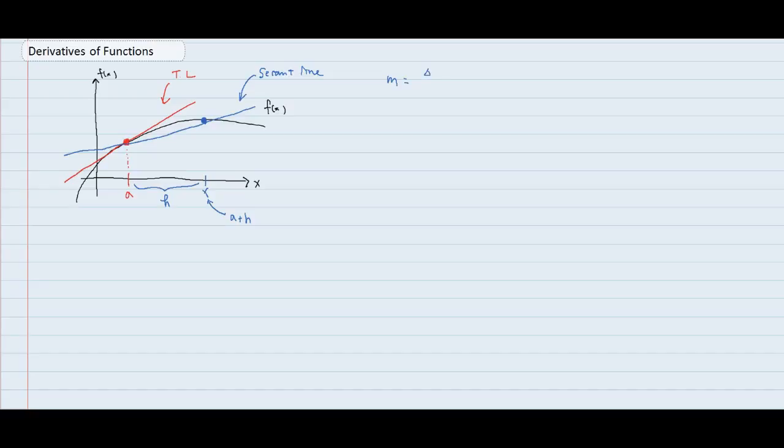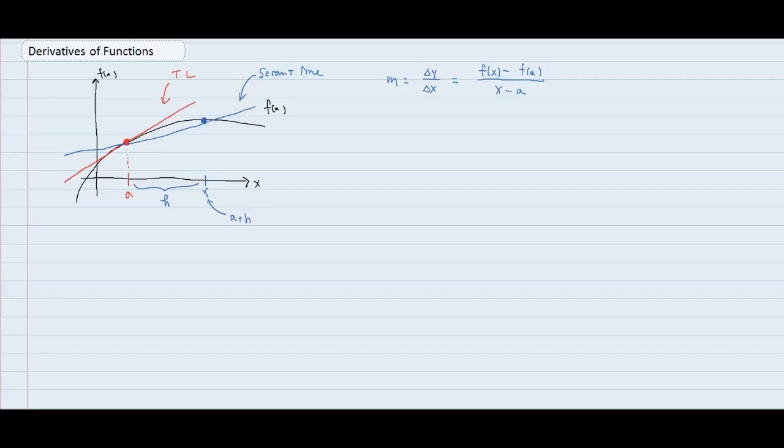It is changing y over changing x. The change in y is f of x minus f of a, since a is the fixed value. Divide that by the change in x, which is x minus a.